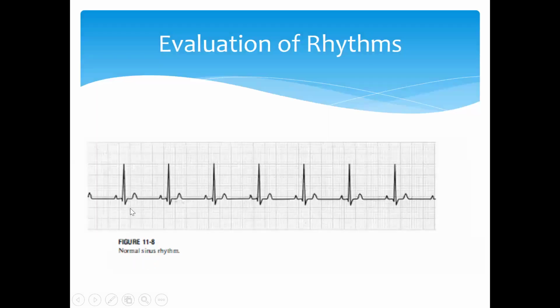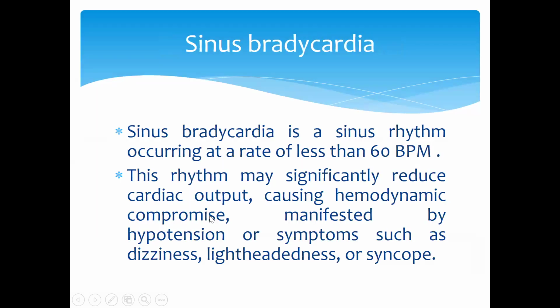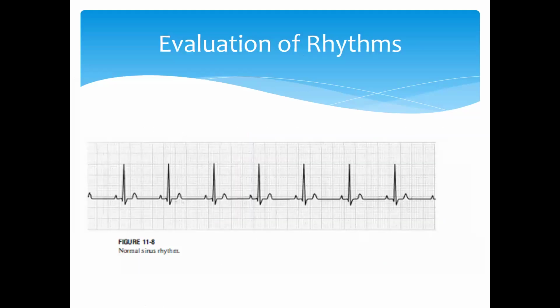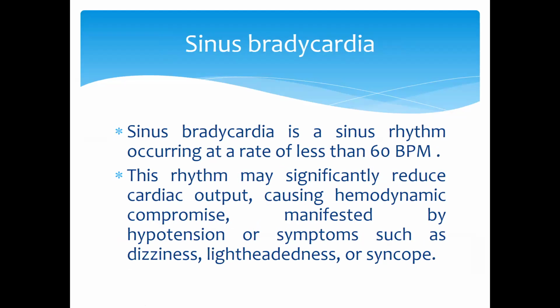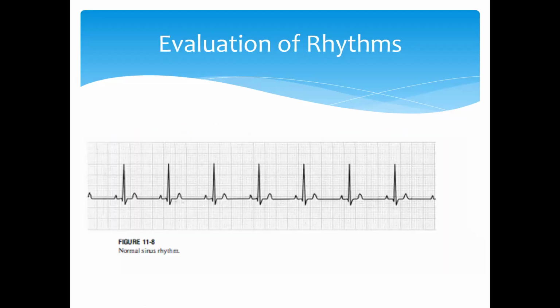And how can we use this method? The 6-second method for estimating the heart rate: we can calculate the heart rate in this image. Identify a 6-second strip, and why does a 6-second strip mean 30 large boxes?